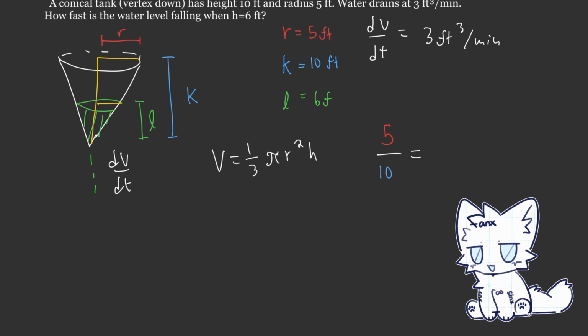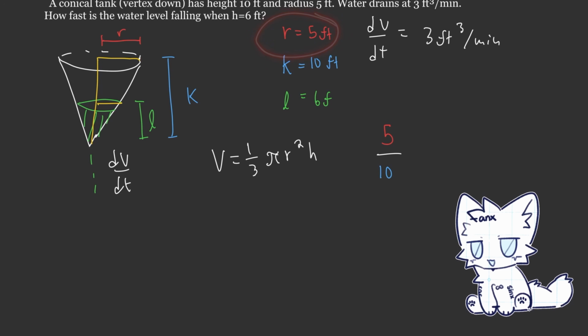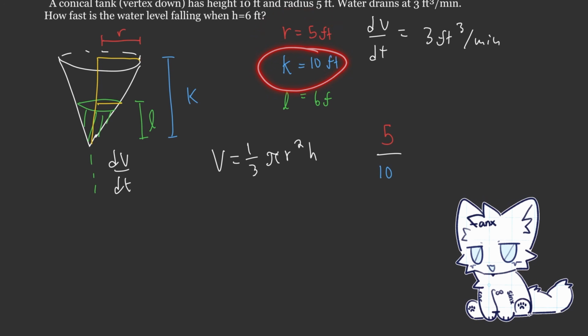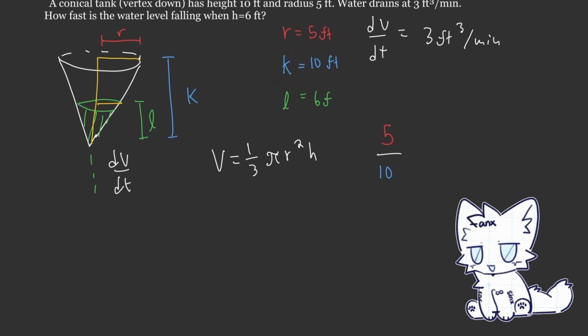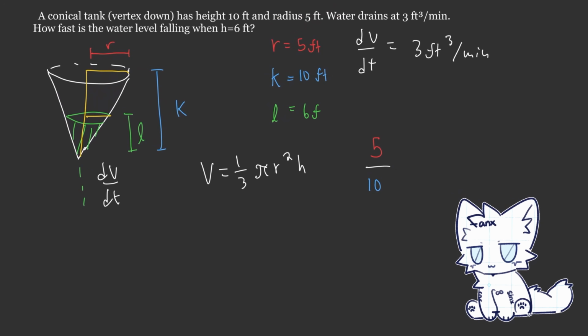And the ratio from the radius to the height is a half. So that means that the radius is approximately half of the height. So we can rewrite that as half of the height is equal to the radius.